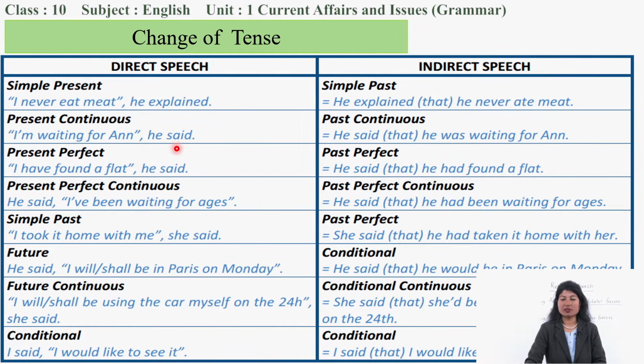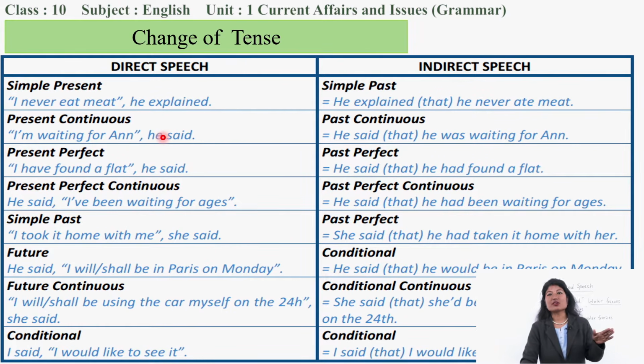What is the reporting verb? Said. The change is: he said that he was waiting for Anne. So present continuous, "I am waiting," changed into "was waiting."